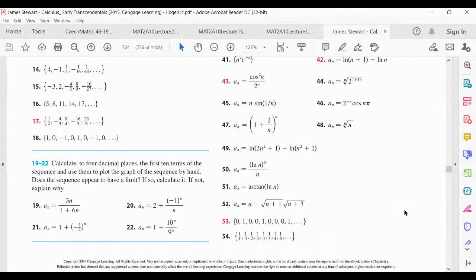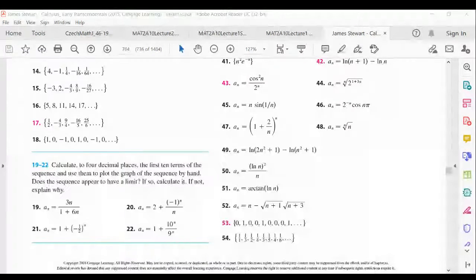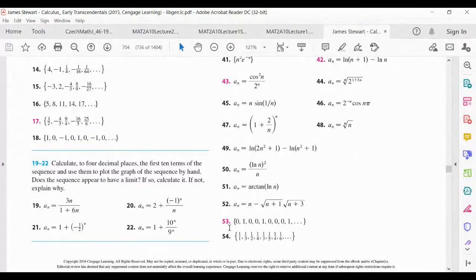53 is an interesting one. Question: does it converge or diverge? And I'm going to stop sharing. So 53, have a look at 53.